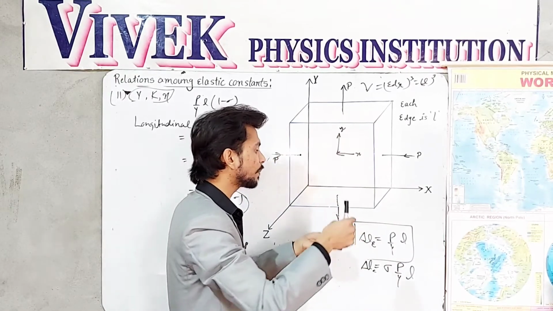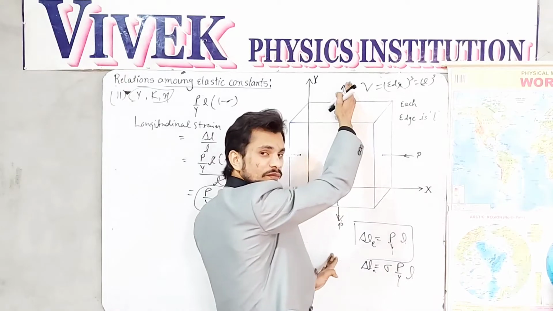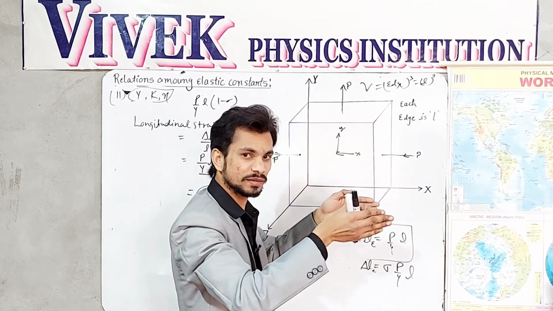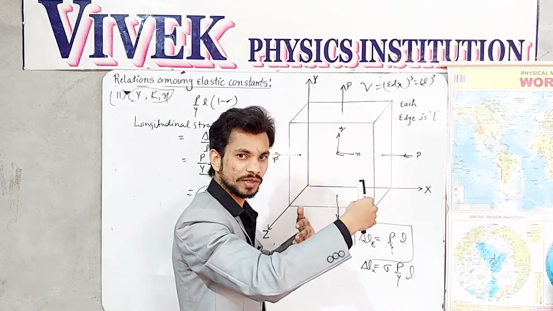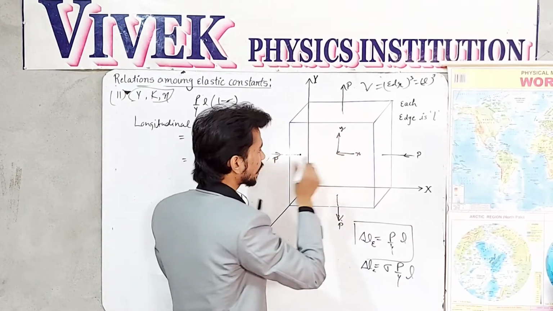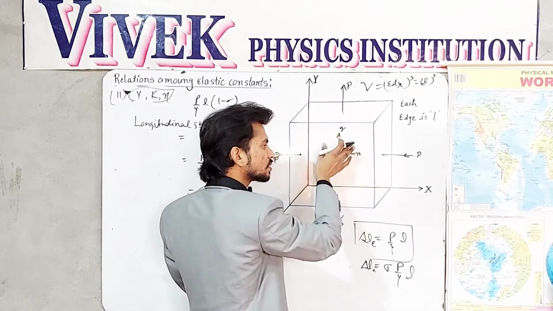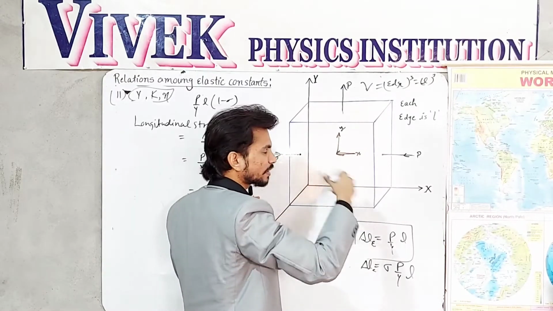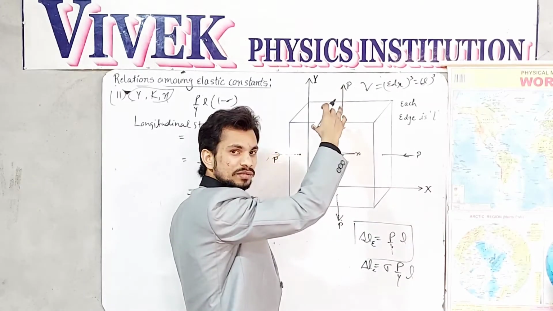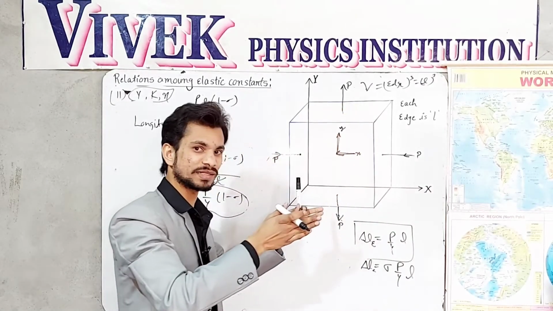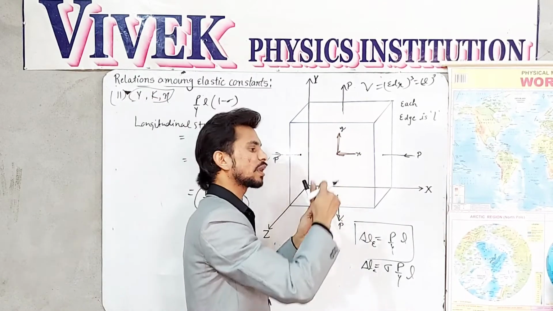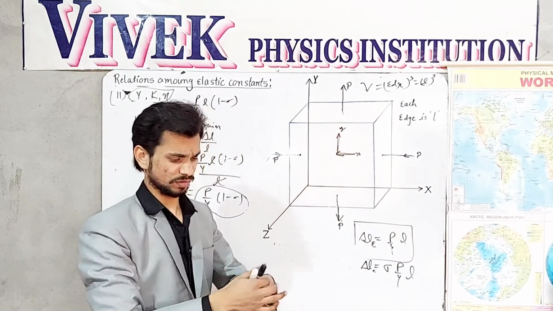But simultaneously you are applying normal stress in this way. So whatever the extension in the z-axis is due to the x-axis normal stress, that will be cancelled out, because at the same time you are extending along the y-axis. Whatever amount of extension in the z-axis will be cancelled out by the contraction due to the y-axis extension.